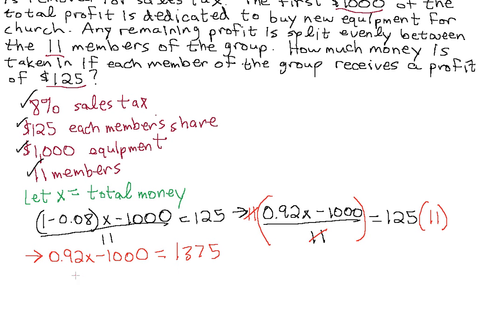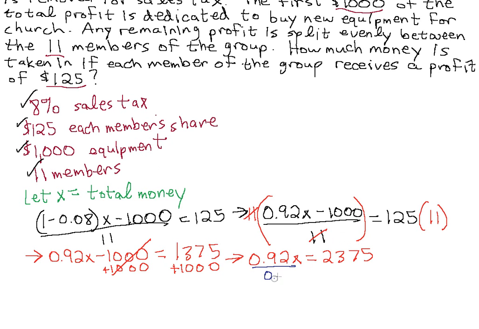Okay, we have a variable over here. So let's move 1,000 to the other side. We have a minus 1,000, so we're going to add 1,000 to both sides. Add $1,000. This is the amount spent on the sound equipment that we're having the sale for. 0.92x is all that's left on the left side, and we have 2375 on the right side. And now we simply need to isolate our variable.